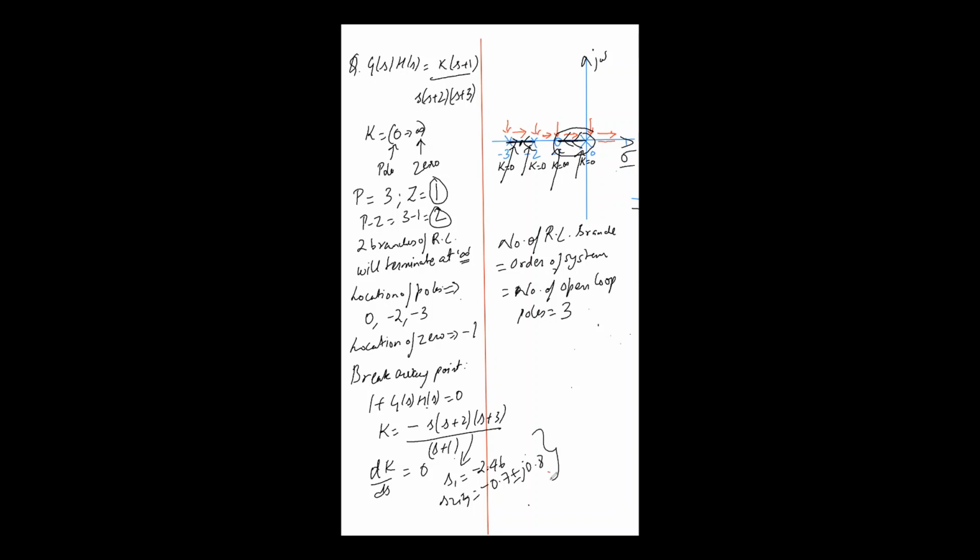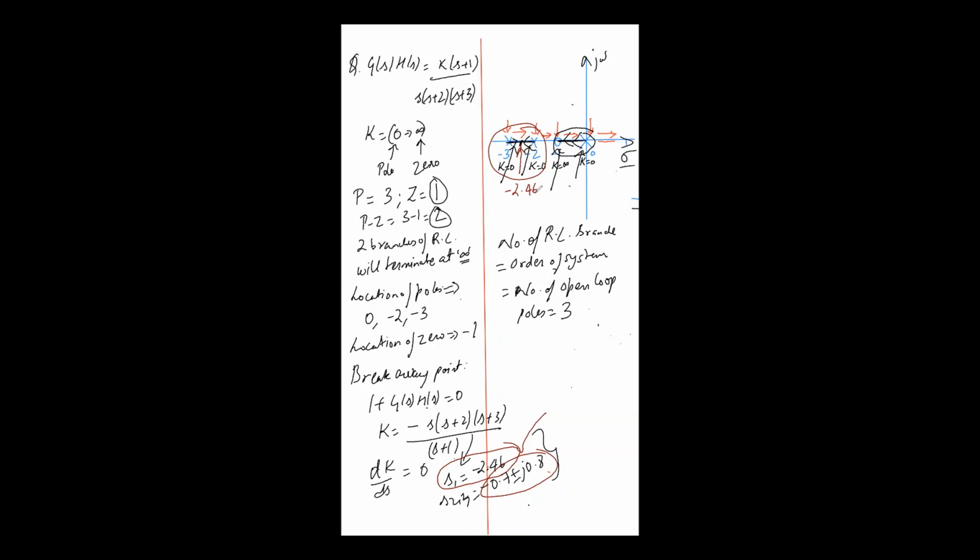Minus 2.46 lies between minus 2 and minus 3, whereas minus 0.7 plus or minus j0.8 is somewhere here, which is not part of our root locus. So we will consider minus 2.46 as our breakaway point.